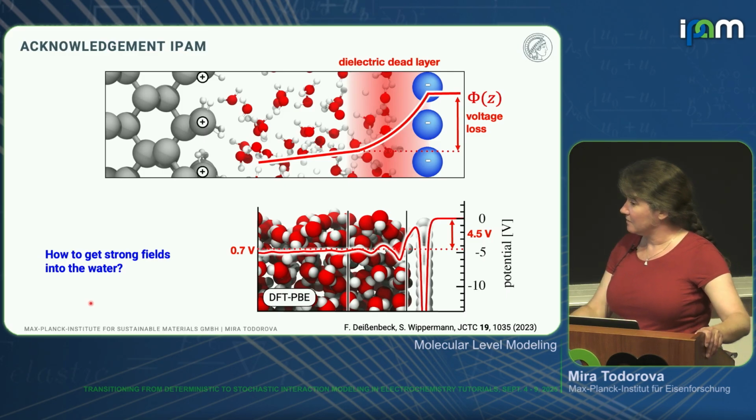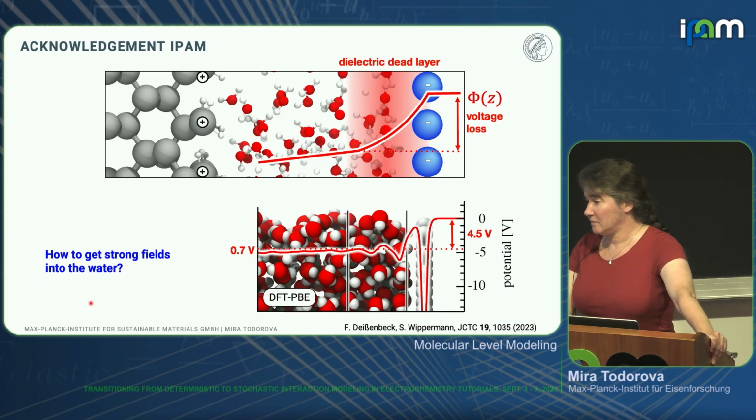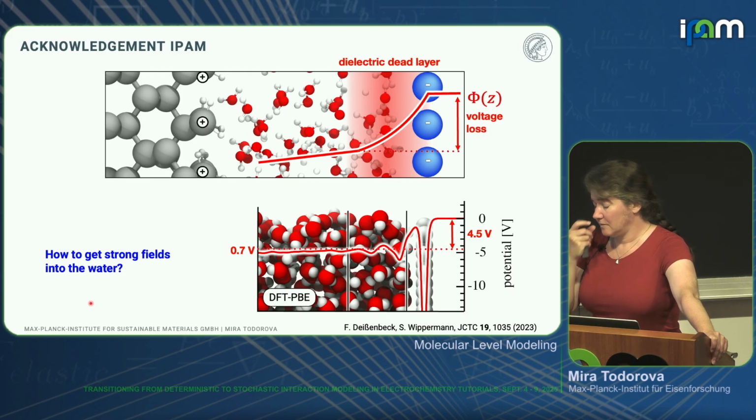Just to understand theoretically what you've done here, because we have 0.7 versus 4.5 with respect to what? Because I have in mind the Jun Chen operative method to align the water bulk level to the vacuum standard hydrogen electrode.